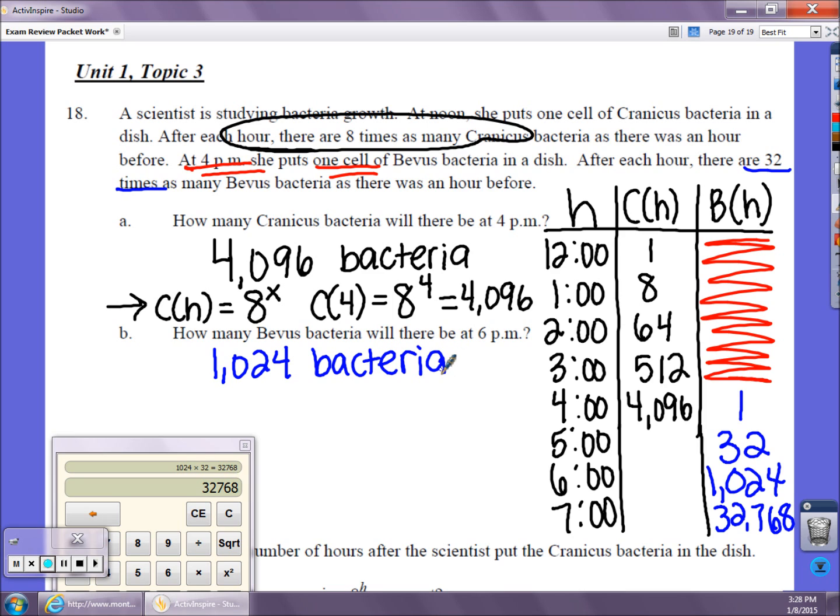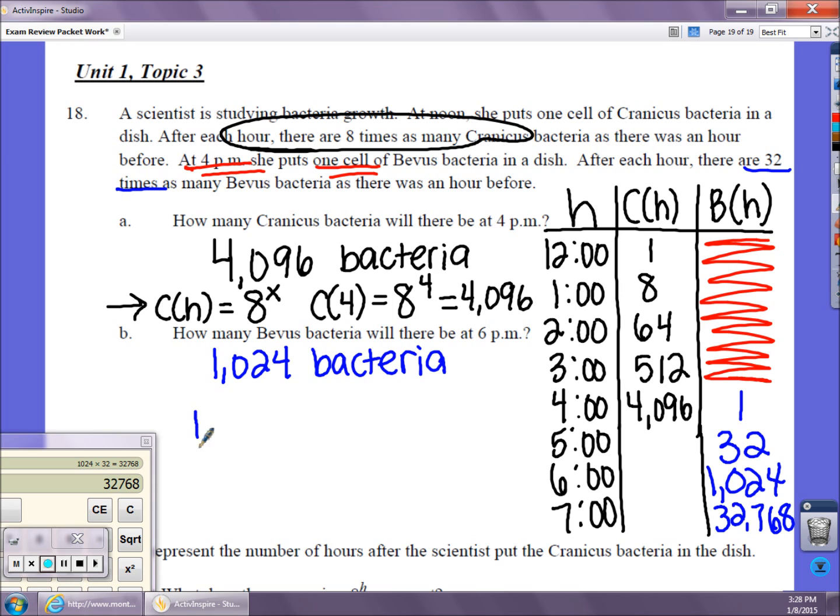Okay, and I want to show you how to do that with an equation. So we have B of H. Our base is going to be 32 in this case because it's a factor increasing times 32. And remember, we started 4 hours later, so we're going to do minus 4 to represent the fact that we have to get back to our starting point of 0 by subtracting 4.